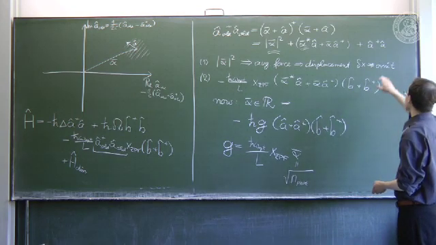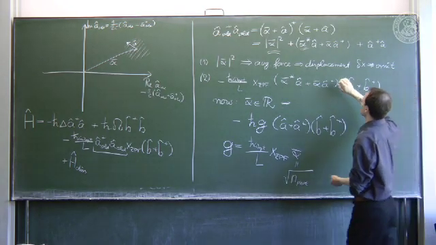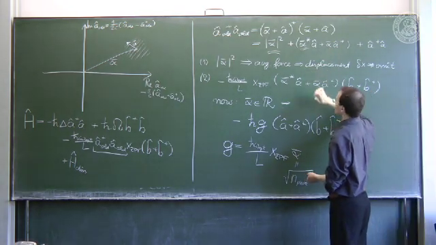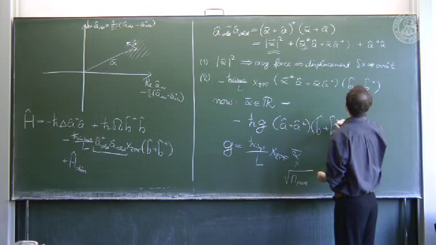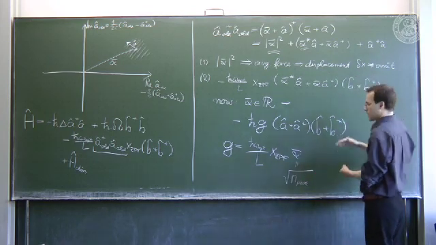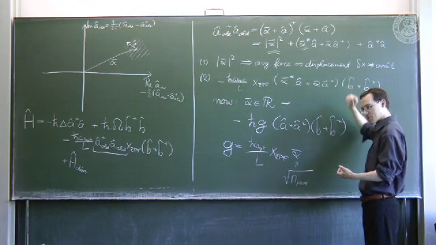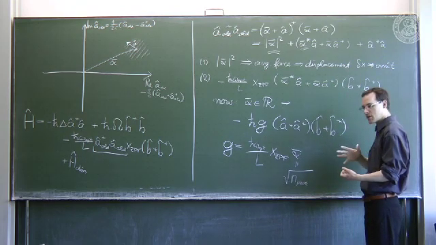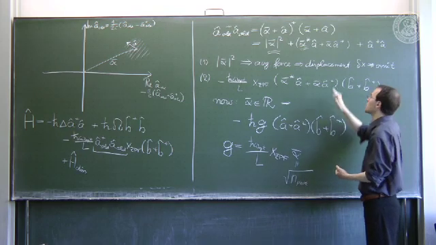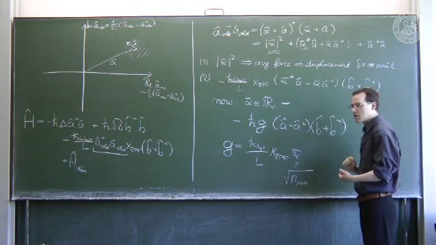And finally, of course, I have to discuss away the A dagger A term. And that I can do simply by pointing out that alpha bar is supposed to be much larger than 1, whereas A dagger A, in the regime where I have only 0 or 1 extra photons on average, will be on the order of 1. So this term will be larger by a factor of alpha bar.